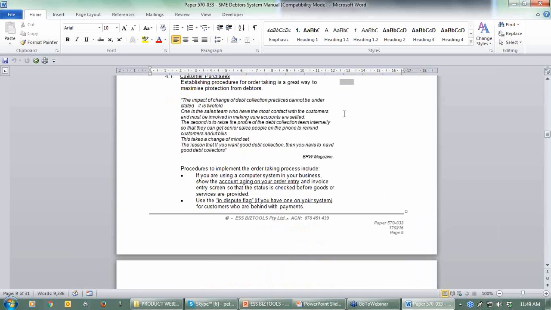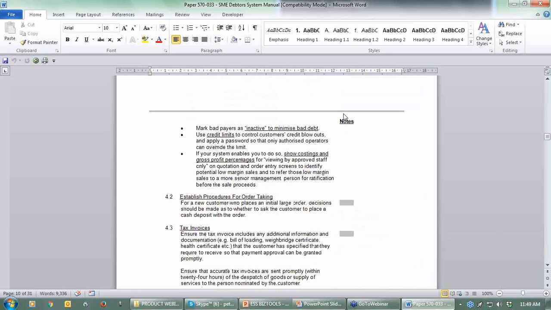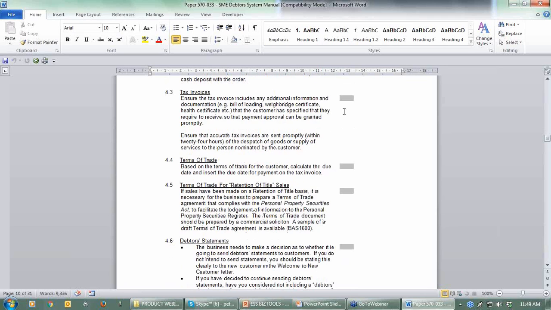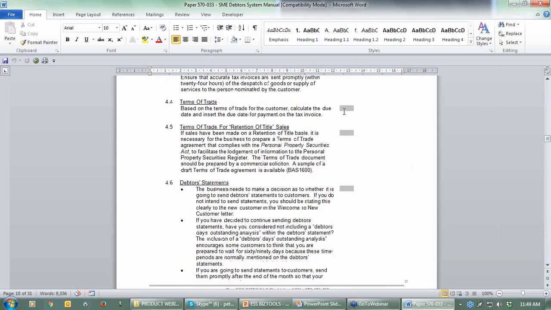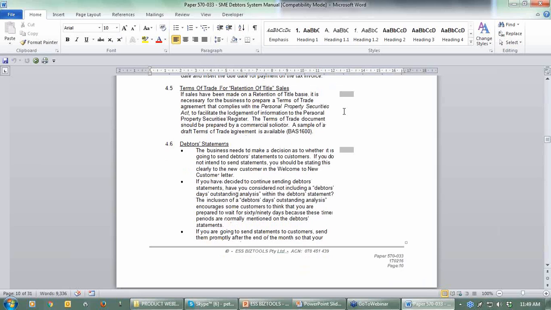Being diligent on transactions. Being careful on tax invoices to make sure they are prepared promptly and forwarded to the customer. Terms of trade agreements and retention of title agreements should be prepared and sent to the new customer.